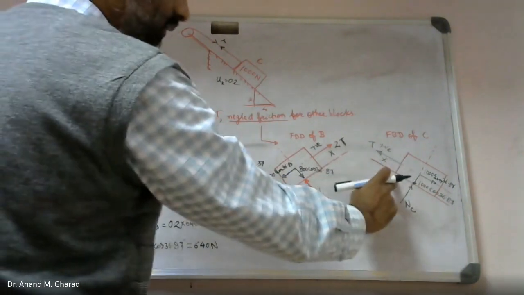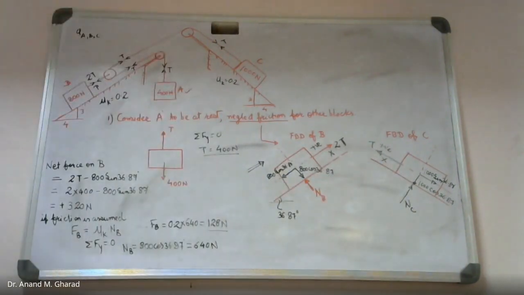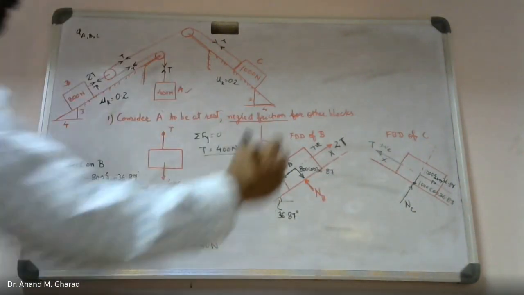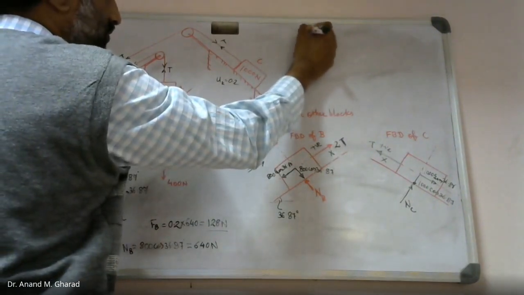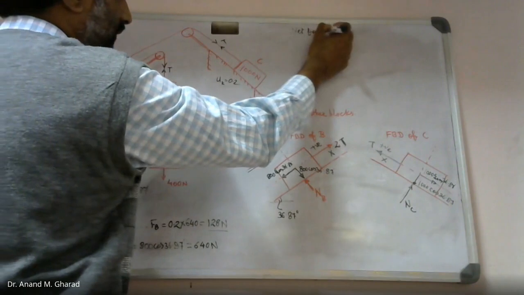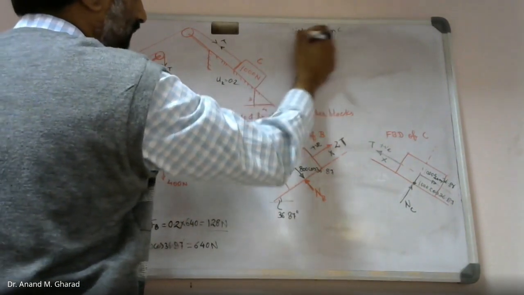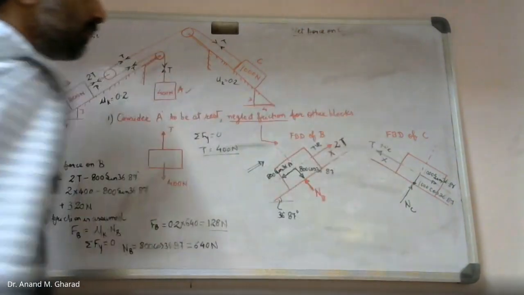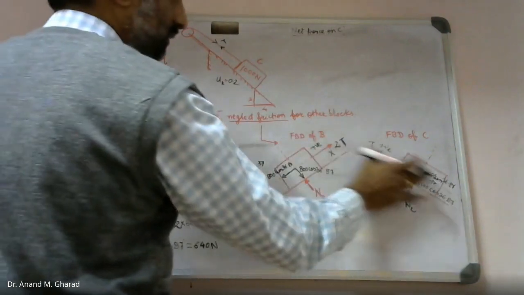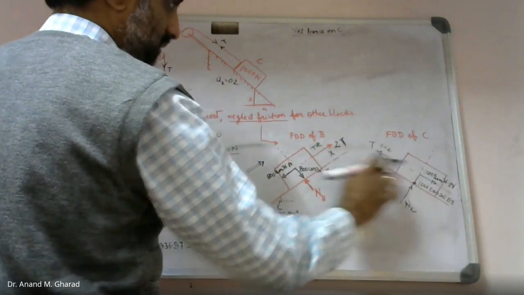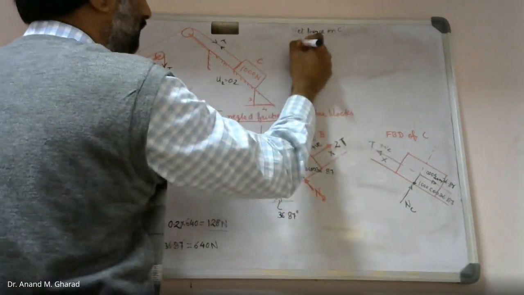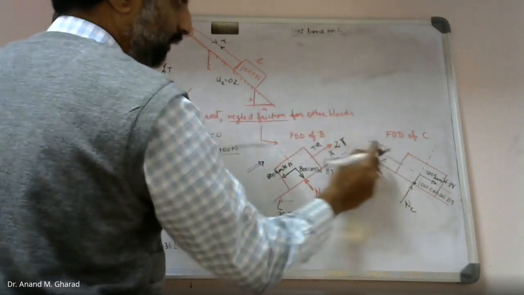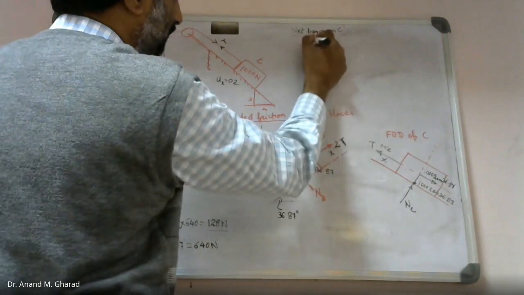Similarly, we can find the direction of motion of block C. For that, let us find out the net force on C. Now again, you can see this positive, this x-axis is responsible for finding out the net force. Okay, so what it will be? So I have assumed this to be positive.